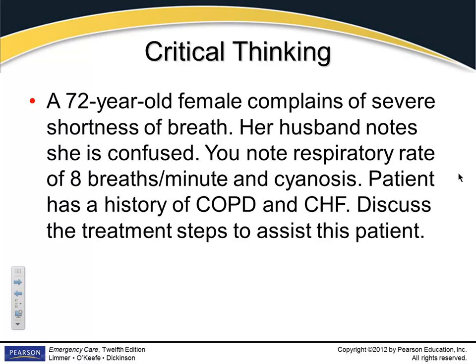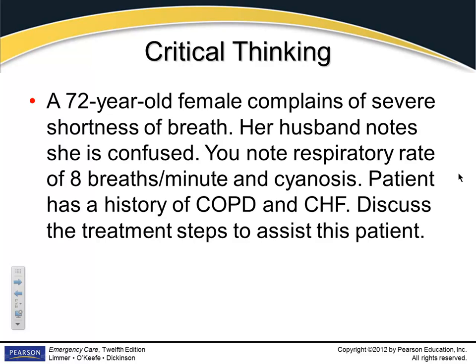Okay, you got a 72-year-old female complaining of severe shortness of breath. Her husband notes that she is confused. The respiratory rate is 8 breaths a minute, and she's got cyanosis. Patient has a history of COPD and CHF. What's CHF? Congestive heart failure. Discuss the treatment steps to assist this patient. Number one, what are you doing?